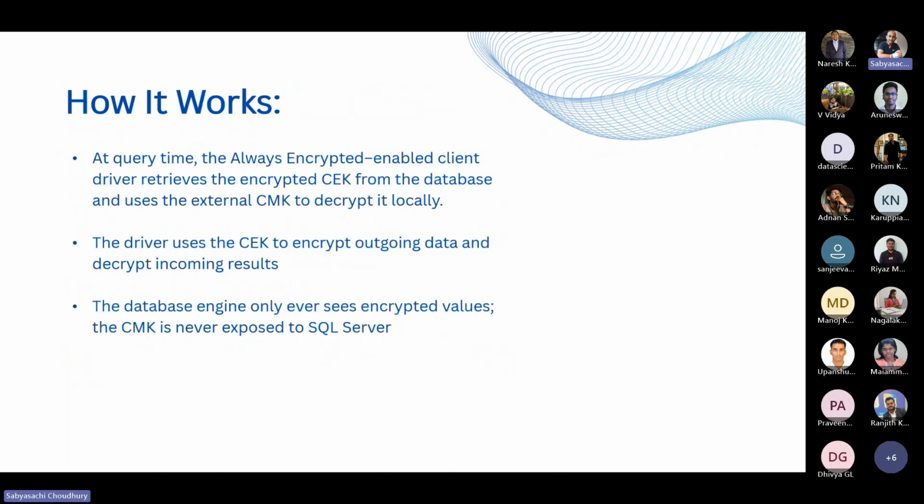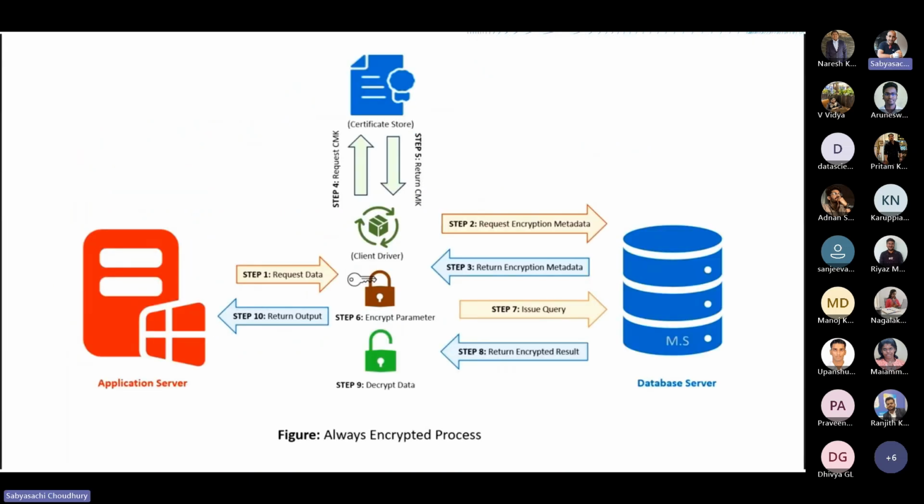So now we understand how it works. When a query runs, the Always Encrypted enabled client driver fetches the encrypted CEK and decrypts it using the CMK, locally or in a secure enclave. And just for your information, secure enclave is only supported for Azure managed instance and Azure SQL database.